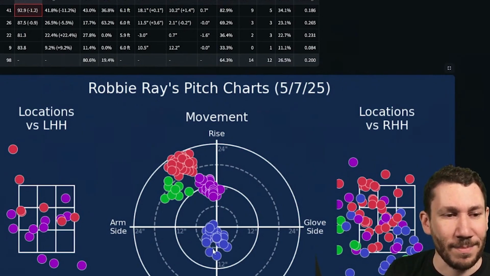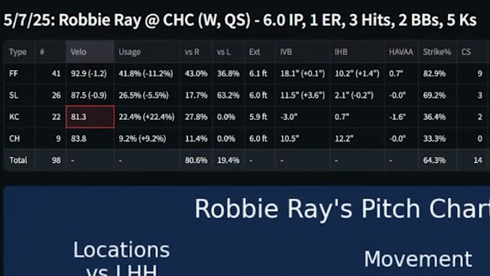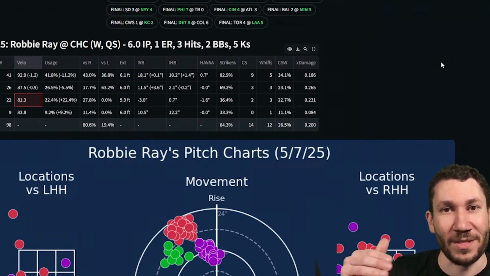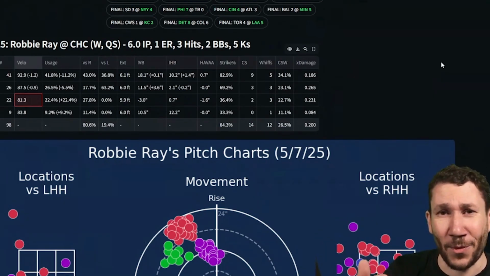The curve having this much drop is good relative. Generally, we see things down here for curves. Those are the big ones. But because this is at 81, when you see curveballs above 80 miles per hour, and especially ones that are underneath 15 mile per hour difference, Eno will tell you the stuff plus rates go up for curveballs, especially like 84, 85.